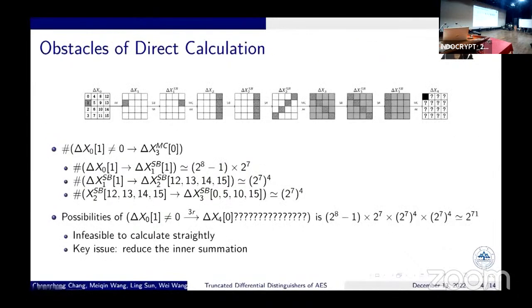However, if we want to compute the exact probability rather than an approximate one, we have to list all these differentials and characteristics from the full-round computer differential, compute the probability of each one and take the mean value of them. Obviously, we come upon such a geometric calculation, and the crucial issue is how to deal with the inner summation in order to reduce complexity.